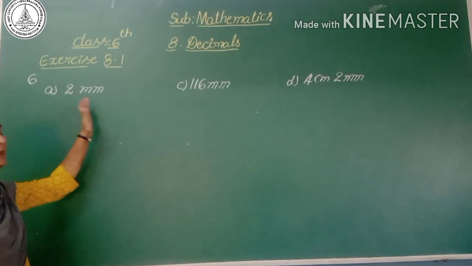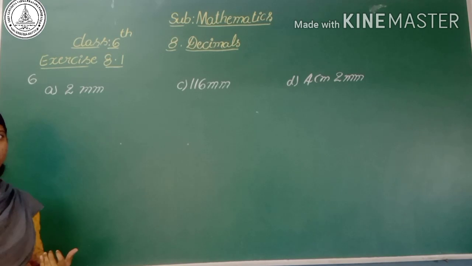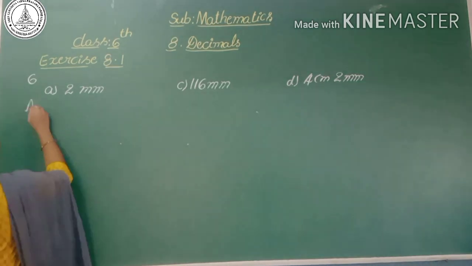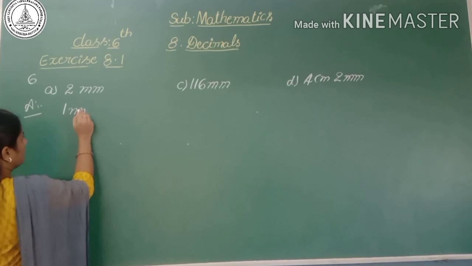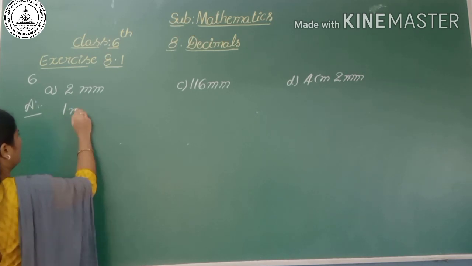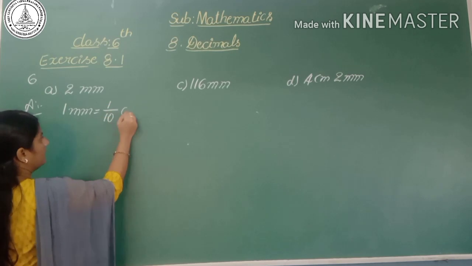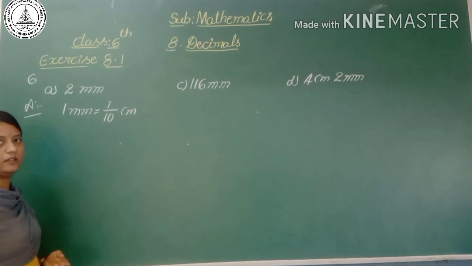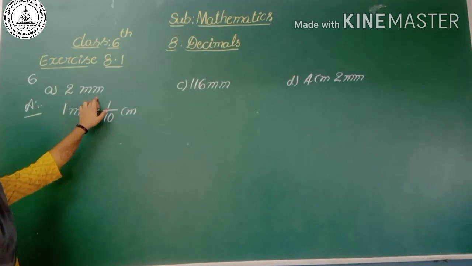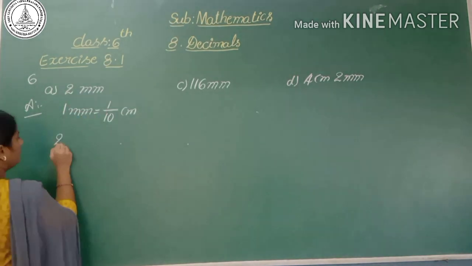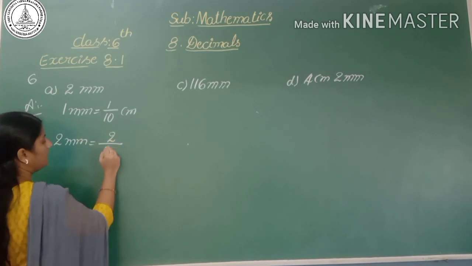We know that 1 millimeter is equal to 1/10 centimeter, right? Write it here. Answer: 1 millimeter is equal to 1/10 centimeter. Now here they have given 2 millimeters. Let's convert: 2 millimeters is equal to 2/10 centimeter.